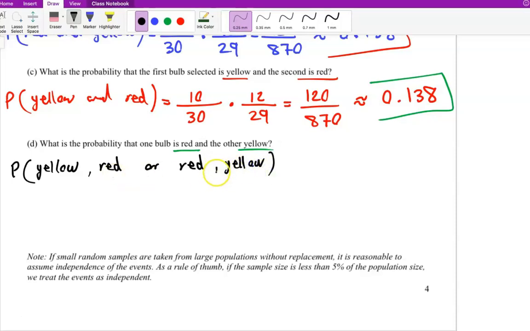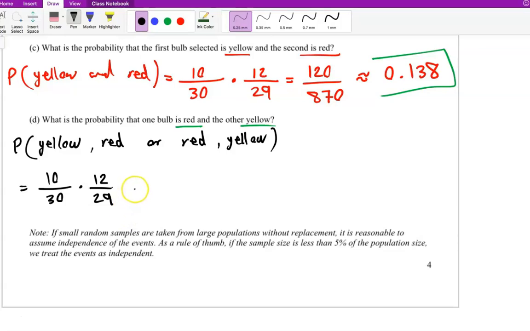Instead of and, I used comma. So that is equal to, this is exactly what we have here on part C. It's 10 over 30 multiplied by 12 over 29. You can directly add these two numbers, but I want to write these so you can see what we did. Here in between we have or, which is addition. So when you have or in between, you should add. When we have and in between, we multiply.